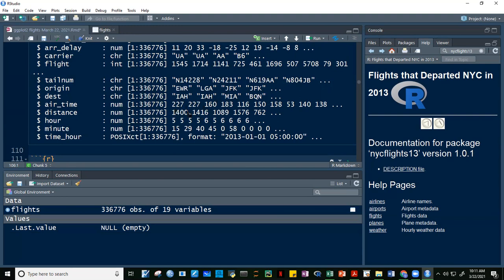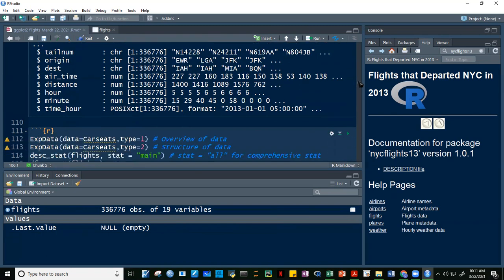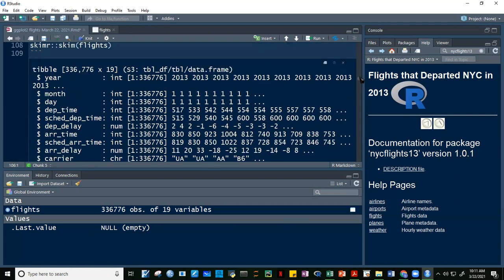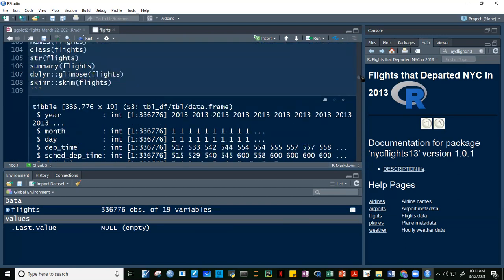Distance, I think this is in miles, the distance between the two cities. And then the travel time, hour, minute, and time hour, which is a POSIX. This reminds me of lubridate. Okay, so that's the structure of our data.